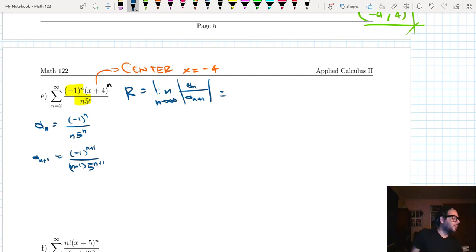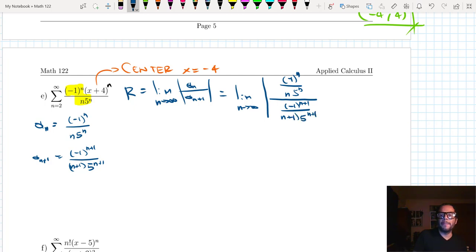Okay, this is going to look huge right here. This will be the limit as n approaches infinity of the absolute value of n 5 to the n under -1 to the n divided by -1 to the n plus 1 over n plus 1 5 to the n plus 1.